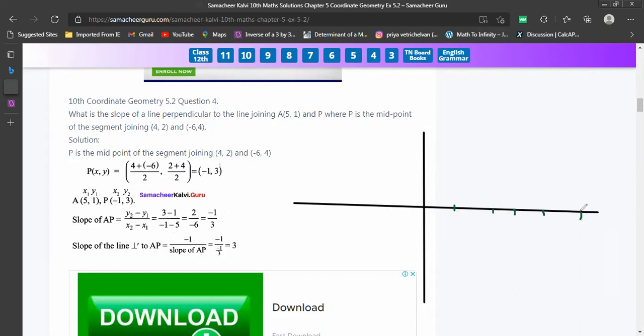Here you might be having 5, 1, which is A. 4, 2. So somewhere here. Minus 6, 4. Minus 6 in the x-axis.